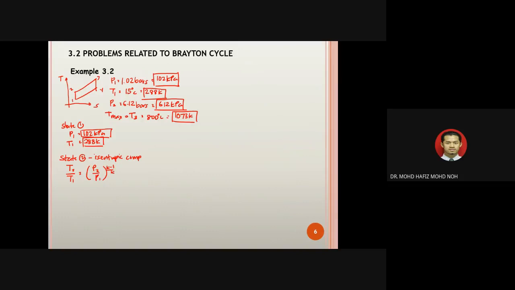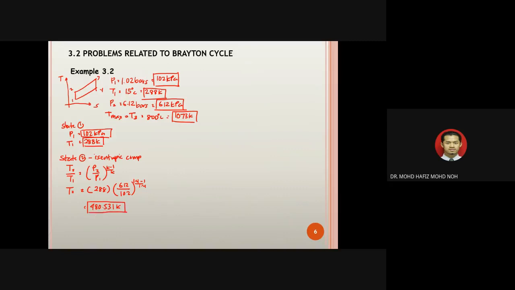T1 is 288, P2 is 612, P1 is 102, powered by (1.4 minus 1) divided by 1.4. Then you will get T2 equal to 480.531 Kelvin.